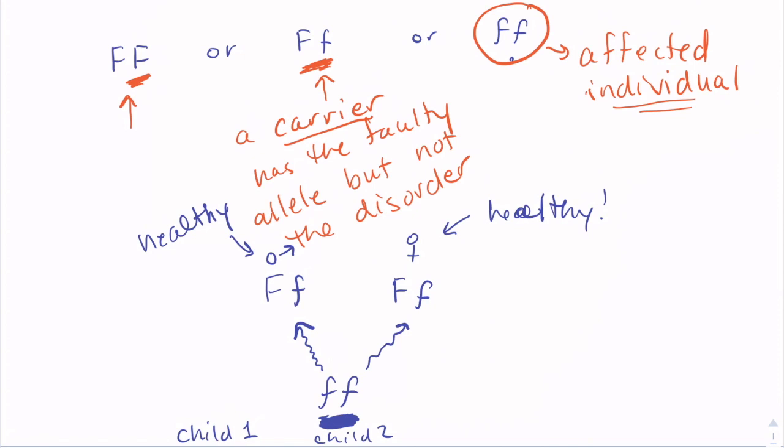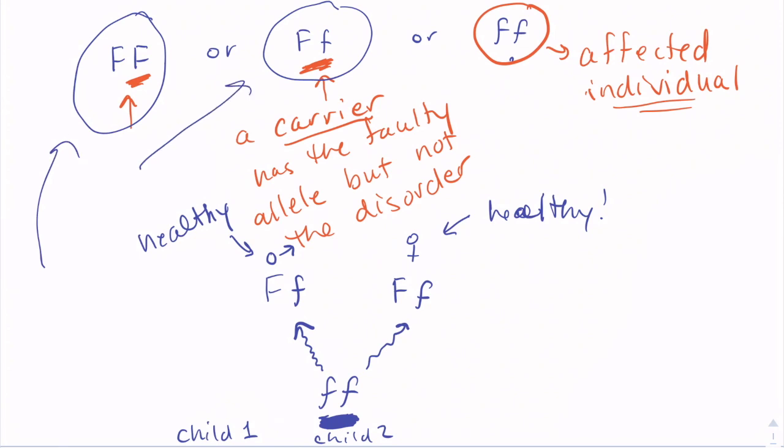Say, but our oldest child is healthy. So you're like, well, your oldest child, looking back up here, must be either this or this. We're coming up here. Eyes up here. All right. So child 1 must be healthy. So they are either this, which is a possibility between this cross, or they could be heterozygous.